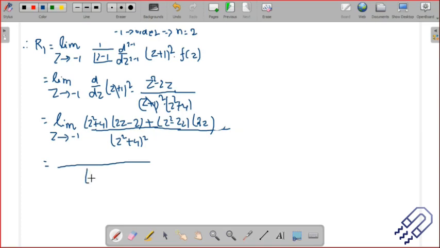Directly put the limit values. I think this will make things faster. I always usually do that. So minus 1 square is 1 plus 4, that's whole square. This is 1 square, so that's 1 plus 4. This is 2 into minus 1, so that is minus 2, plus z square, that's 1 plus 2, this is minus 2. Right, I hope I'm doing it correct.